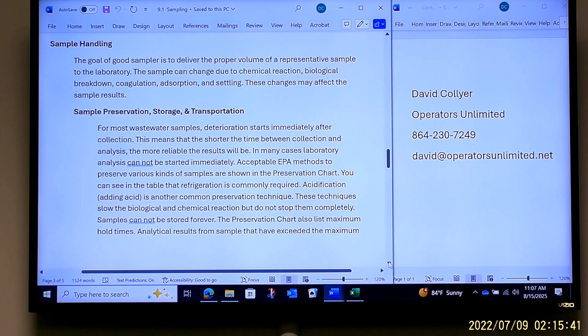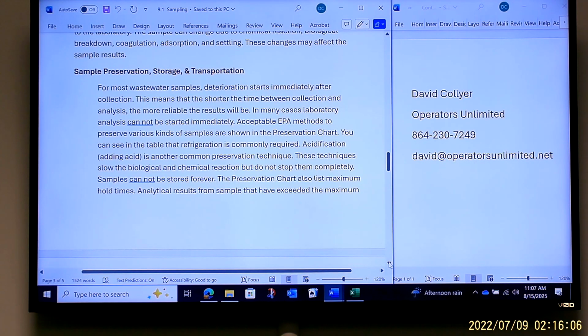Sample handling. The goal of a good sampler is to deliver the proper volume of a representative sample to the laboratory. The sample can change due to chemical reactions, biological breakdown, coagulation, absorption, and settling. These changes may affect the sample results.